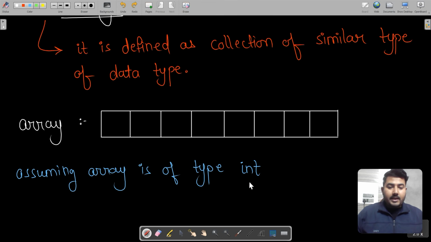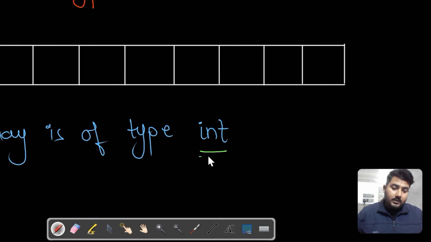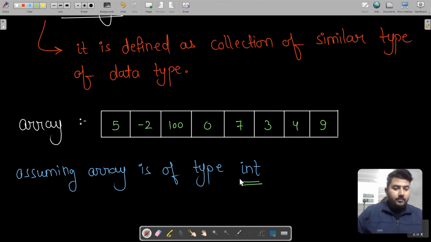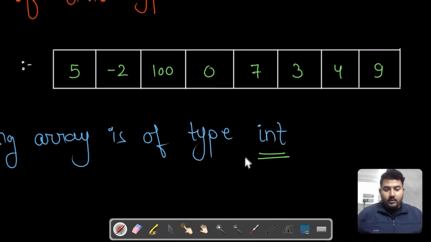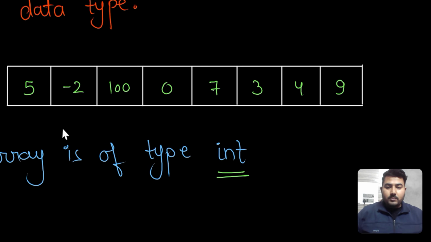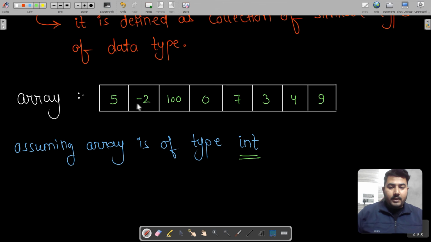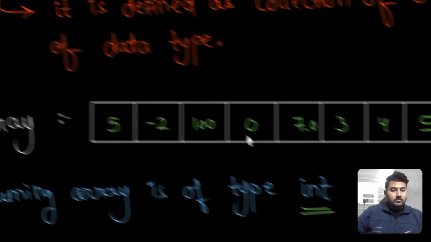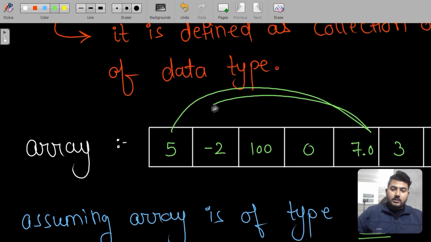That means right now, if you have created this array as of integer data type, it can look something like this. Any random numbers could be there, any type of numbers within our range. One important point here: do not assume that 5 and, let's suppose, 7.0, well, both of them look similar.